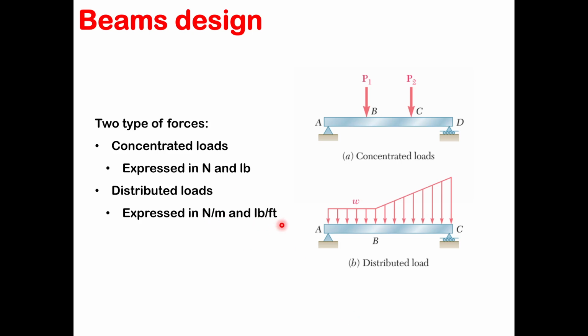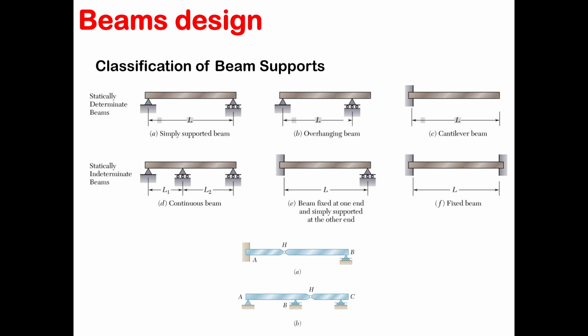The distributed load is usually not expressed in newtons. So it's not really loads, it's loads per unit length, right? You always have to find the area under this curve to be able to find the final total load on your beam.